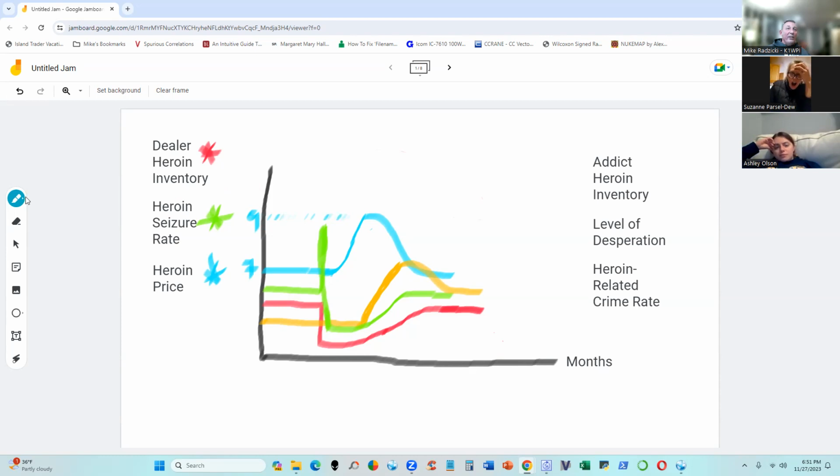And the crime rate, I think in the article, it said it was at 11,000 per month. And it went up to like 12,000 per month.